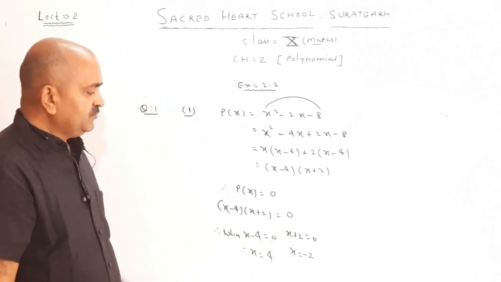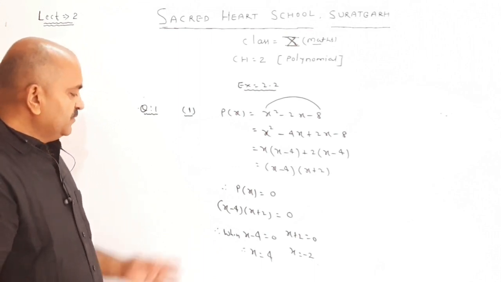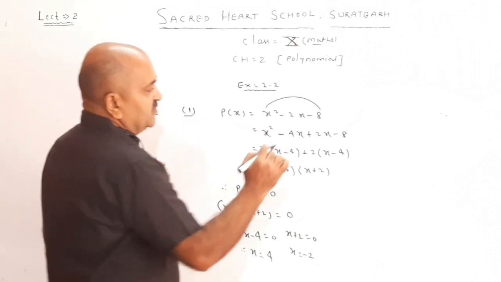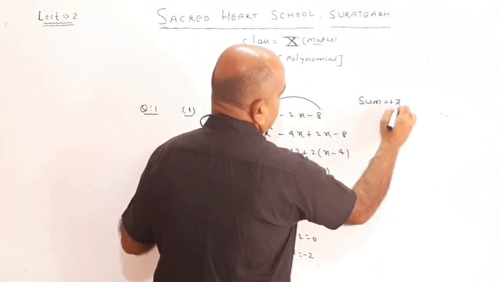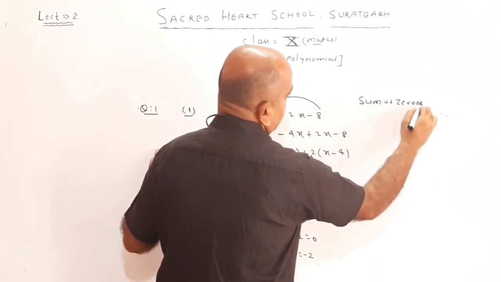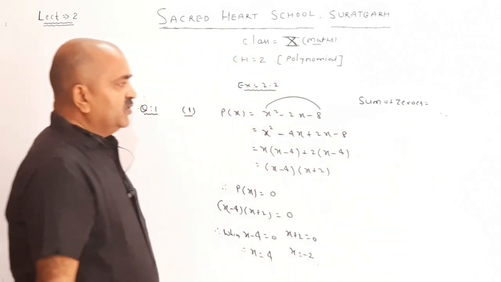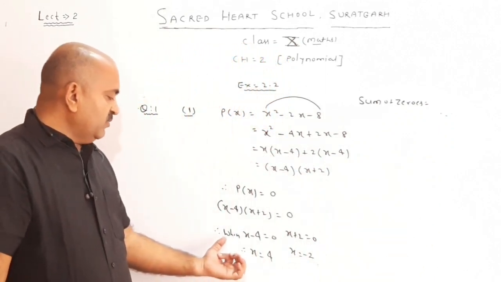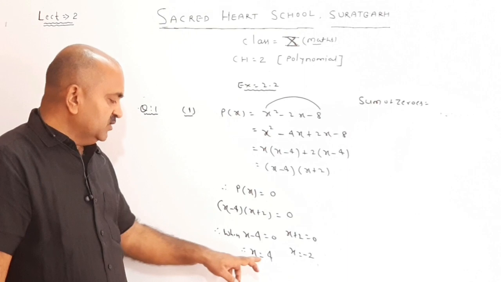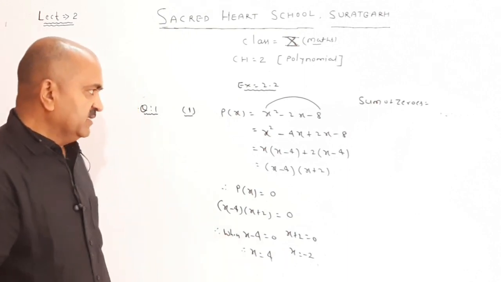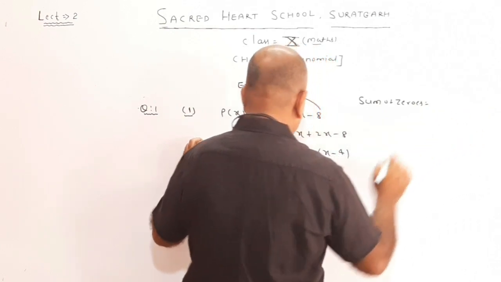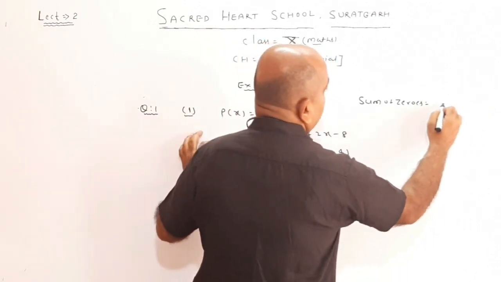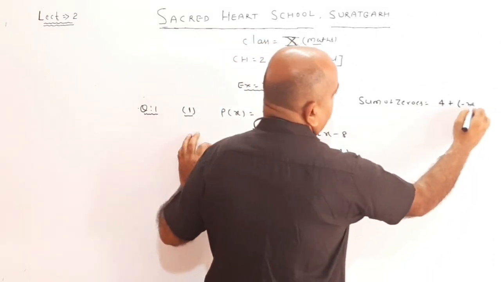And now students, we find the sum of zeros. Students, you know, zeros mean values of x. Now we find the sum of zeros. So what are the values we obtained? 4 and minus 2.